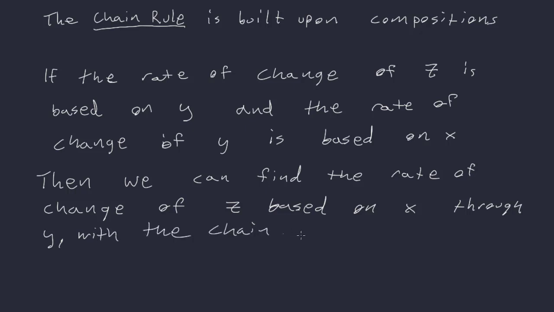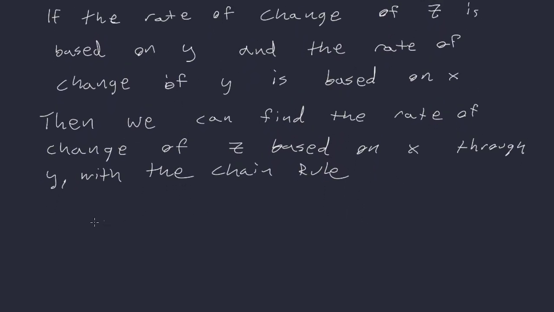And I like to draw a picture for this because in words it maybe isn't as clear as what I'm trying to get at. So if z is based on y, z is the dependent variable for y. So its rate of change, right, it's based completely on y. But y itself is completely based on x.